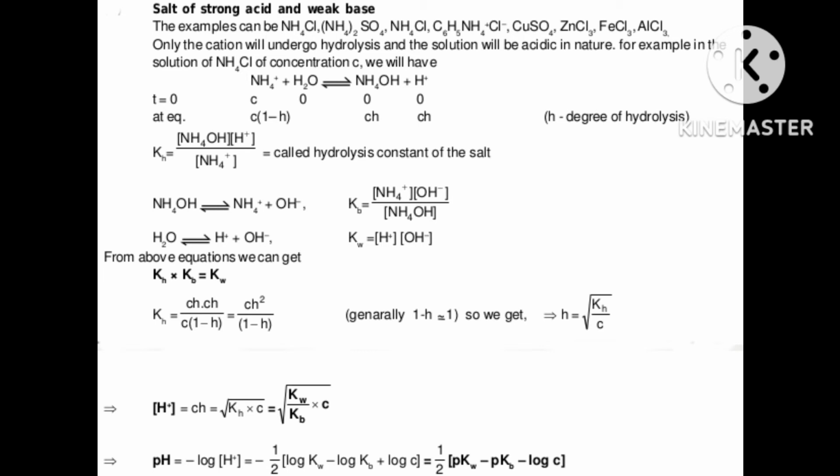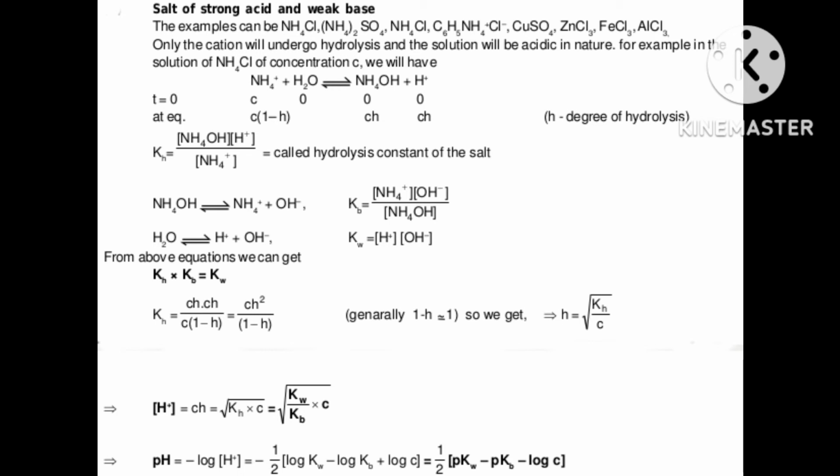When you know OH, then you can also know the H ion concentration, because H ion concentration into OH ion concentration is equal to Kw, means 10 to the power minus 14.